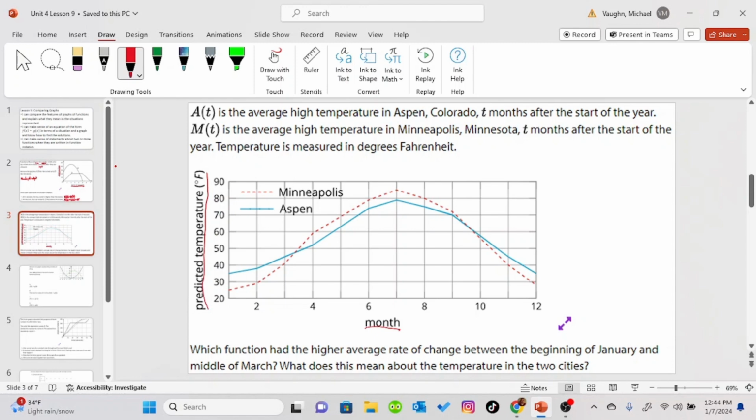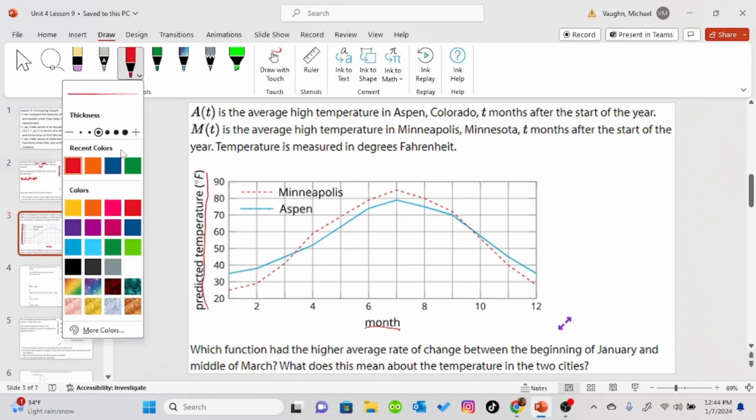Which function had the higher average rate of change between the beginning of January and middle of March? So, Aspen, or A of t, is the blue function.